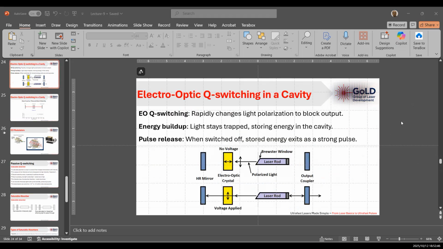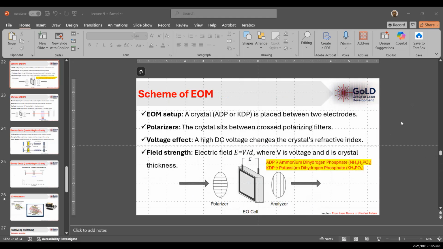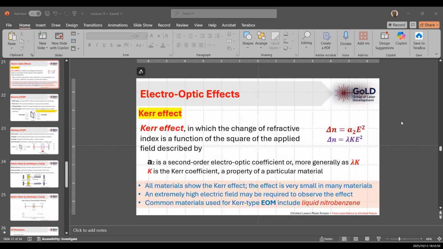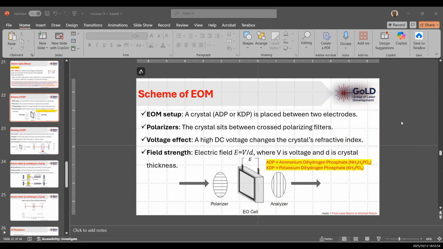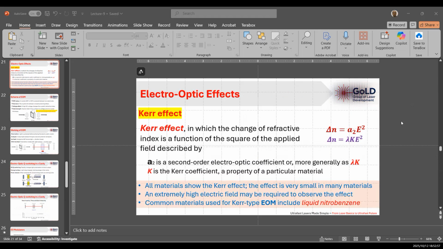I did the experiment at the university, and I could see that the change in the refractive index, or the change in the polarization of light, is sensitive to the temperature of the cell.